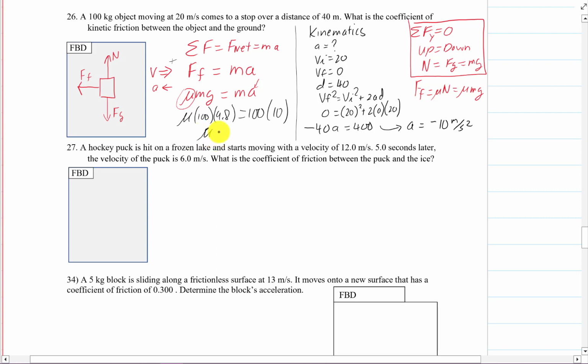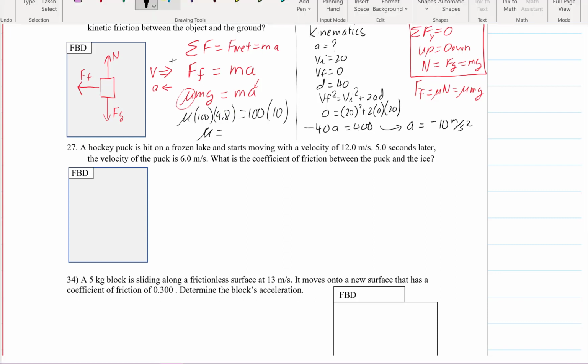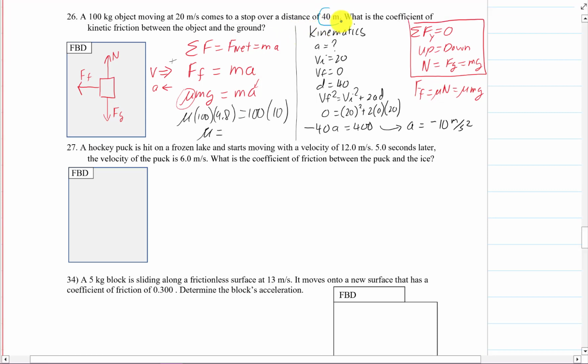So mu is going to equal... did I do something wrong? Yeah, I did something wrong. The stopping distance was 40. All of a sudden I'm seeing a coefficient of friction that's going to be a little higher than 1.